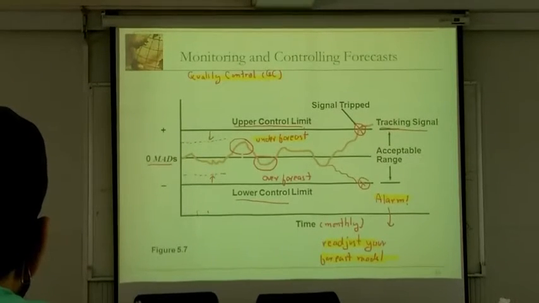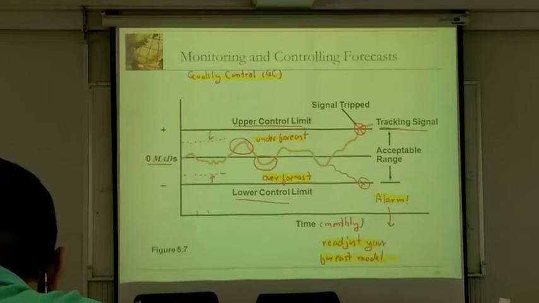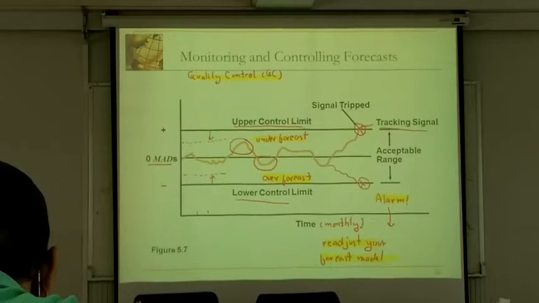So in this graph, two things are going to happen. You will either under forecast. Under forecast means that the actual is higher than what you forecasted. That's why your tracking signal is positive. Or if the tracking signal is negative, it means that you over forecast. Your forecast is too high, but the actual number is lower than what's supposed to happen. So we can still use that moving average model until it goes over the upper control limit or lower control limit.